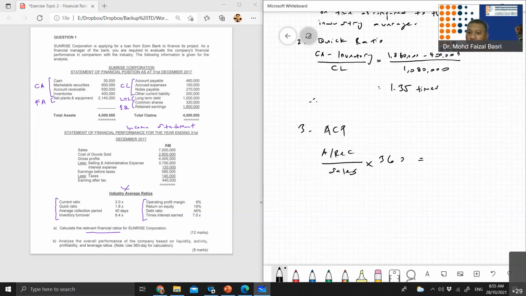So how do we get this account receivable? This is not a category, this is very specific. So go look into your balance sheet and find account receivable. Account receivable there is 830,000, which is in current assets. And the sales is from the income statement, 7 million.